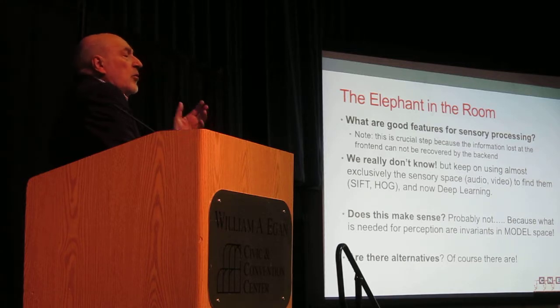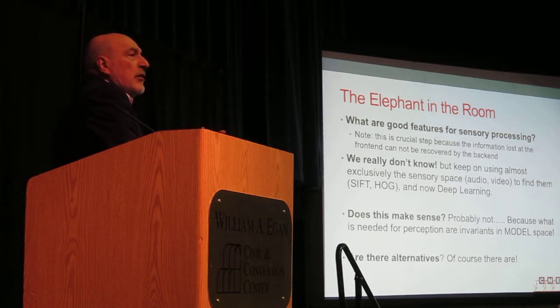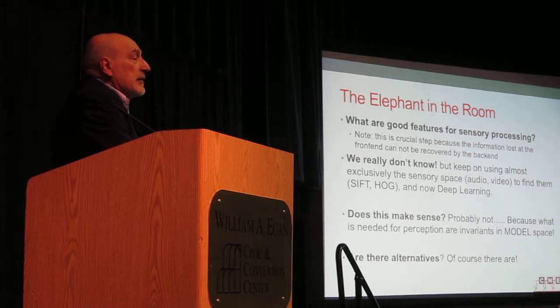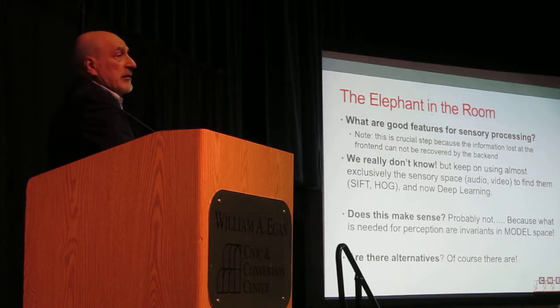Because the imagery is very complex, and what we really are interested in for autonomous vision is to have models that are effectively invariant to small variations of the input space. And so the question is, are there alternatives to using the input space?